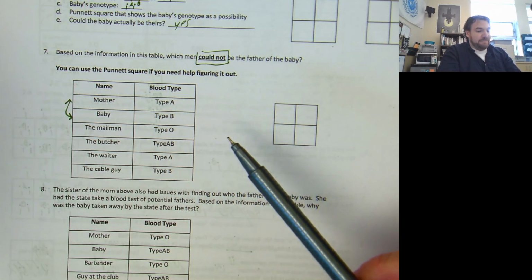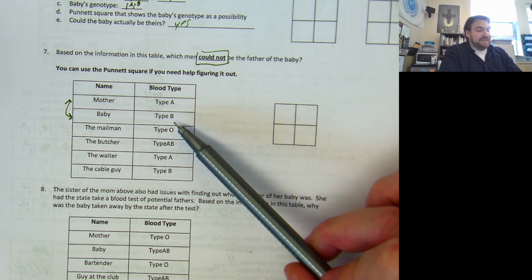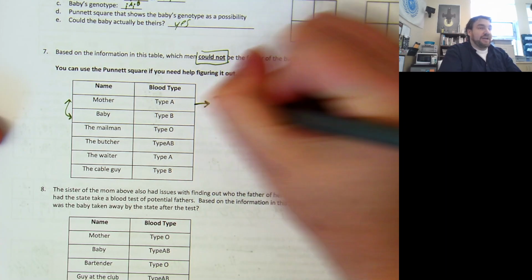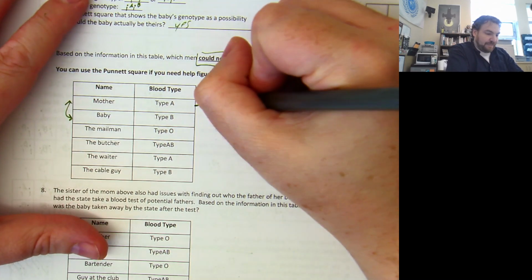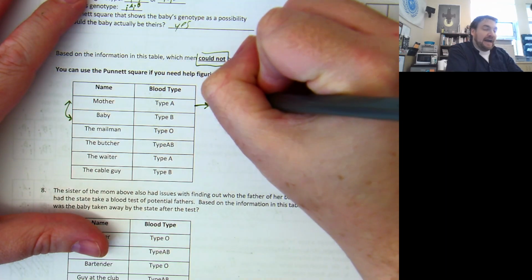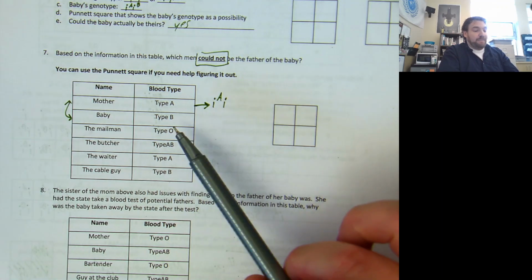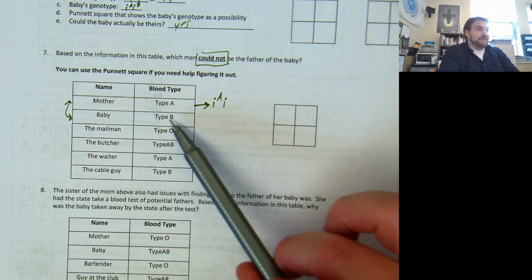For baby and mother to be related, if mother is type A and baby is type B, then mom has to have what? What does the genotype have to be? IAi, good. Mom has to be IAi. Because if mom was IAIA, then baby could only be AB, if B is present at all.